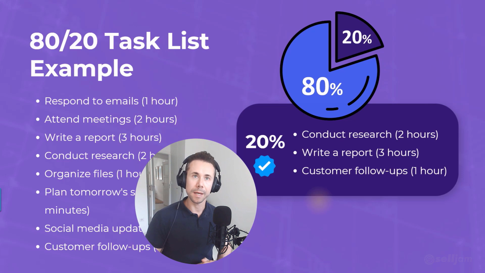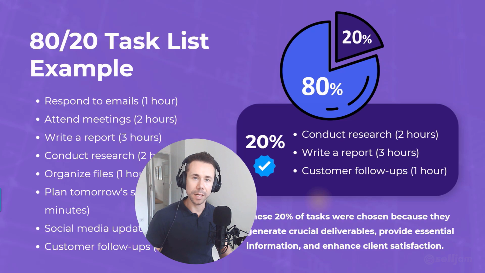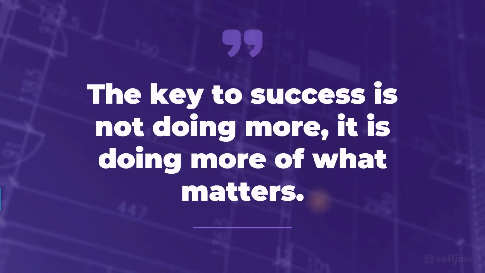And customer follow-ups: if you're in a customer-based business, it's important to get the feedback to improve customer service and improve the products. So this is an important one to have on the list. And all of these tasks were chosen because they generate crucial deliverables, they provide essential information, and they enhance client satisfaction. So here is a top tip.